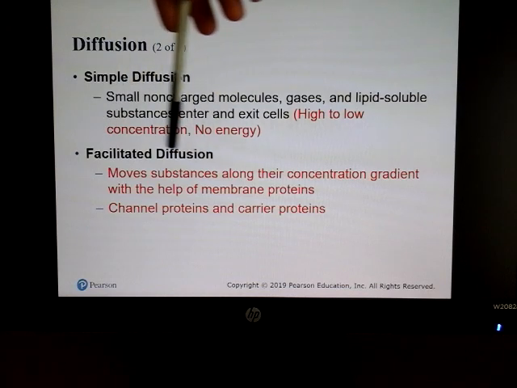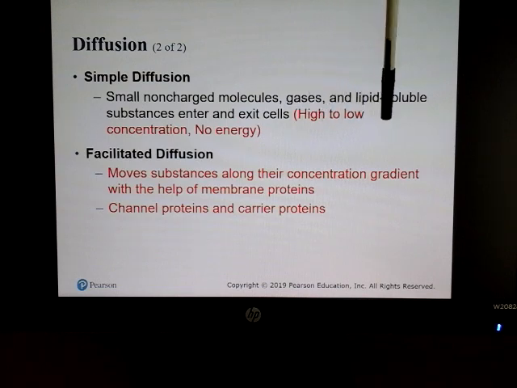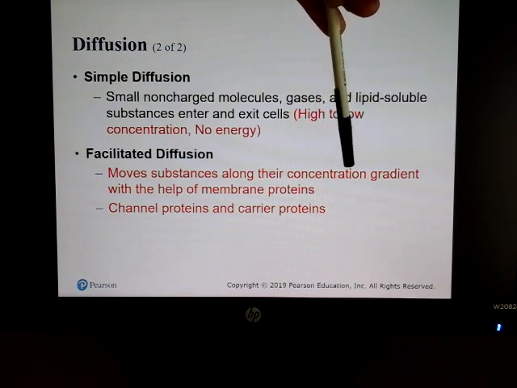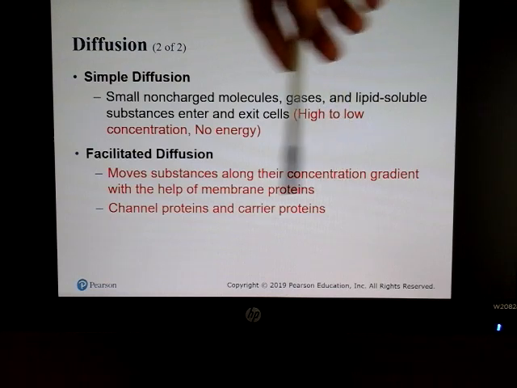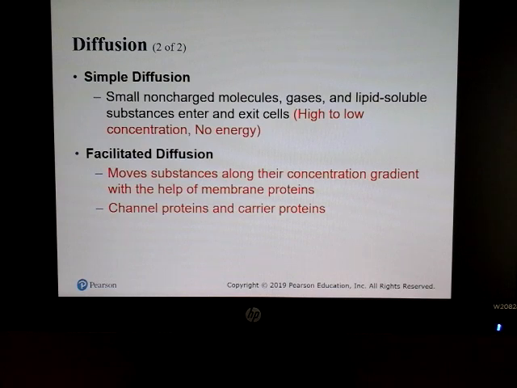If you have facilitated diffusion, you're moving substances again from high to low. However, you have to get assistance with channel proteins and carrier molecules.